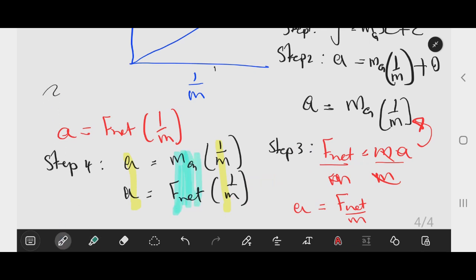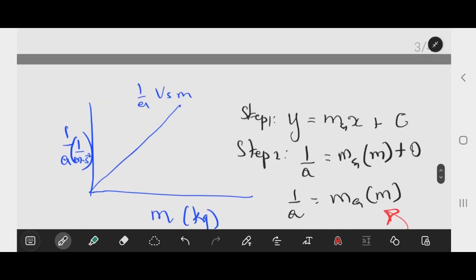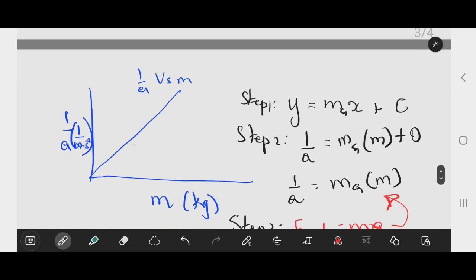So if you want to obtain the net force, you just have to calculate the gradient, and that gradient is your net force in newtons. So the gradient in this case is equal to the net force. But for the previous one, the gradient is equal to 1 over the net force.